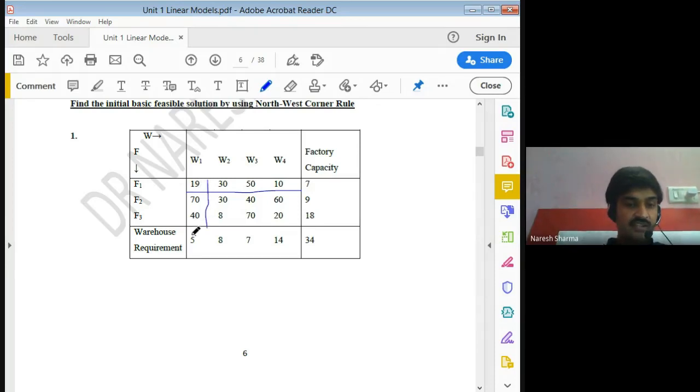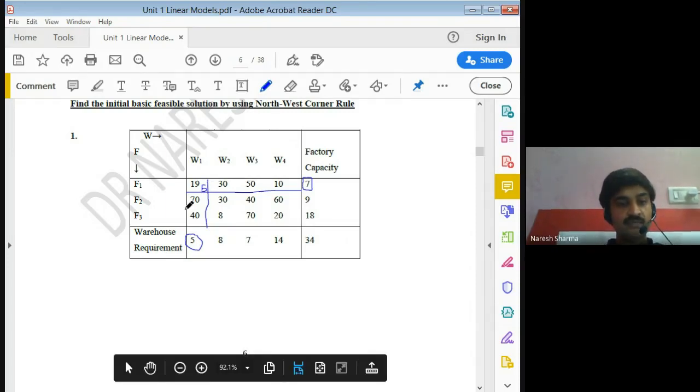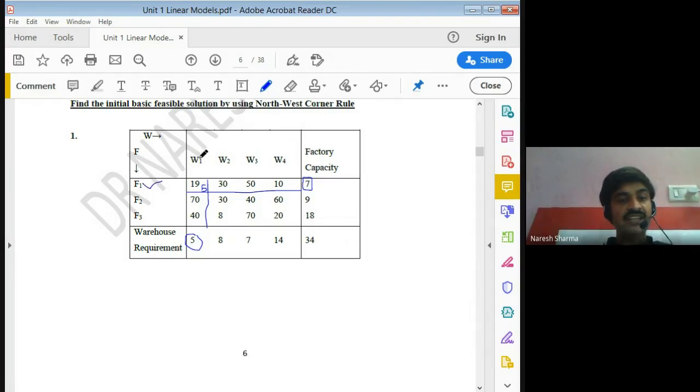If you see here, this value is 5, this value is 7. So the minimum of 5 or 7 is 5. So we assign that minimum value here. Once you assign this value, it means from factory F1 you send 5 units to warehouse W1.